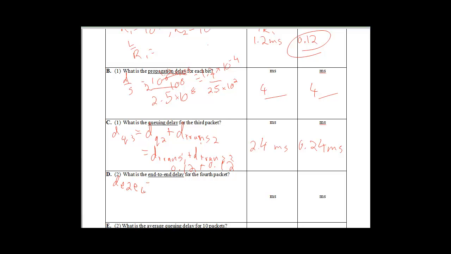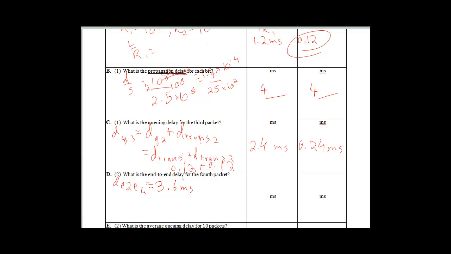The end-to-end delay for the fourth packet is equal to the queuing delay for the fourth packet, which, since we have the queuing delay for the second packet and the third packet, we can build up and we get 3.6 milliseconds. That's just the transmission delay for the first packet plus the transmission delay for the second packet plus the transmission delay for the third packet. 1.2 plus 1.2 plus 1.2 equals 3.6.